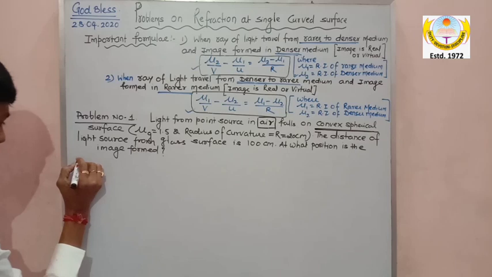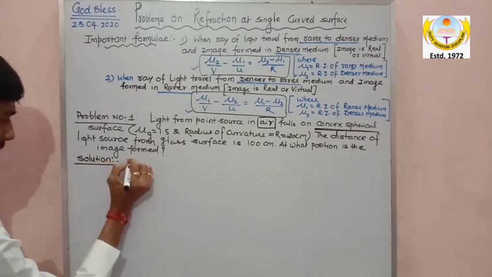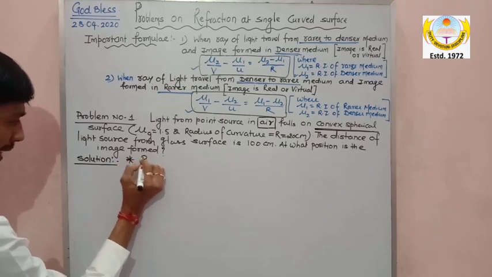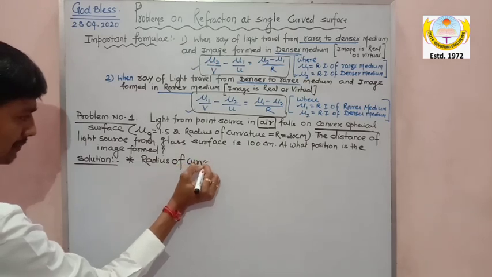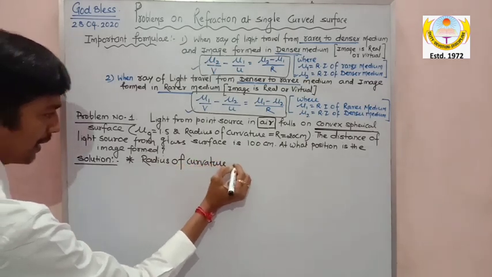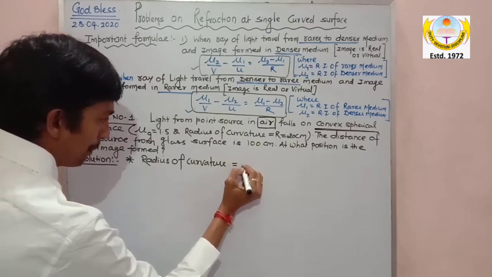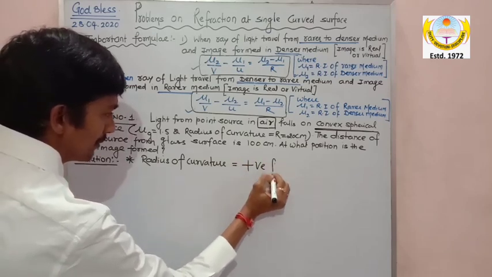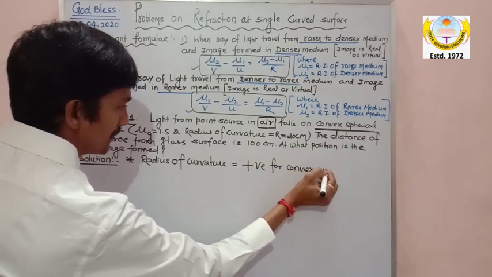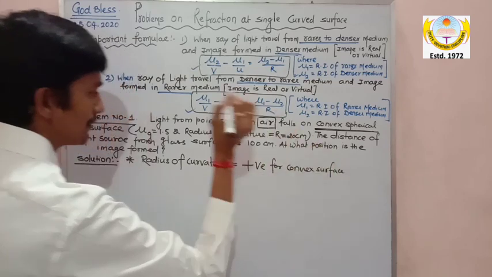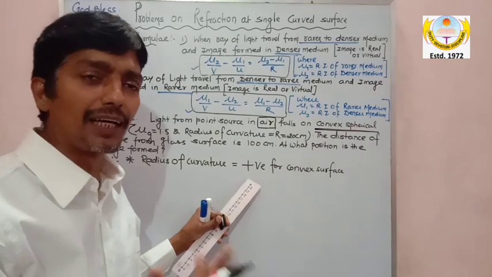To do the solution of this numerical, the very important concept you should be aware of is that the radius of curvature is positive for convex surface.